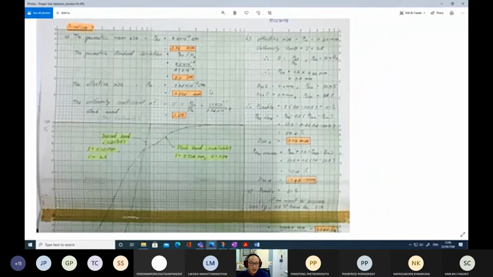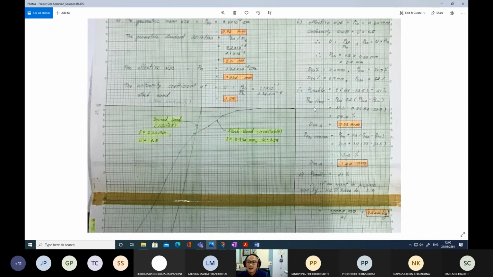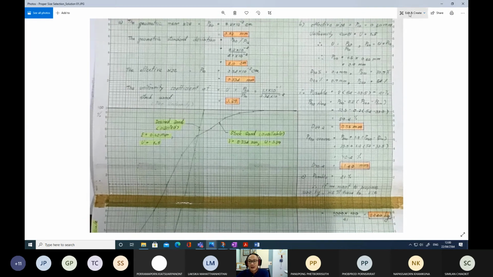But for the desired sands, or the sands that we want, the effective size is 0.6 millimeters and the uniformity coefficient is 1.5. We know that, according to the relationship, the uniformity coefficient is P60 divided by P10.